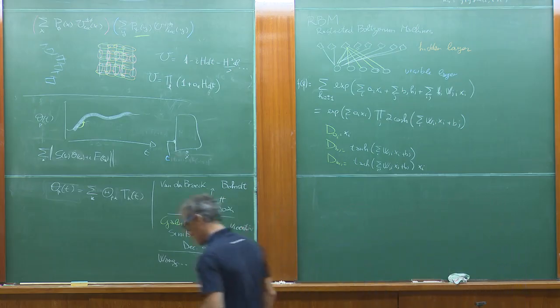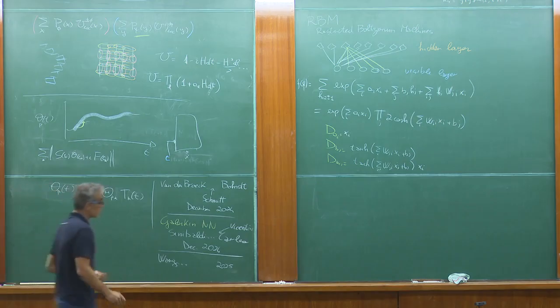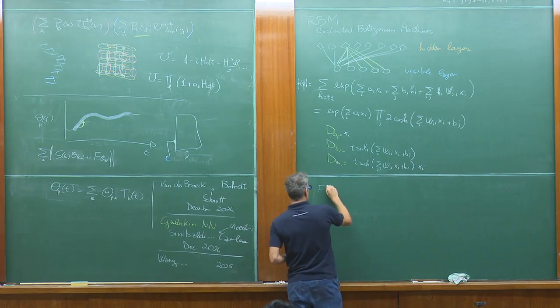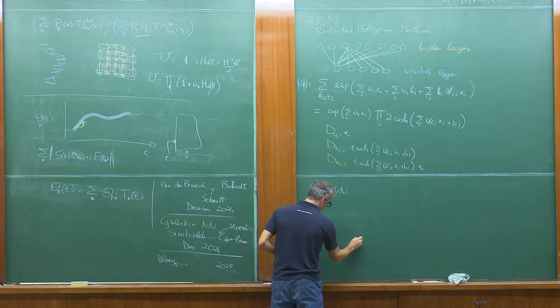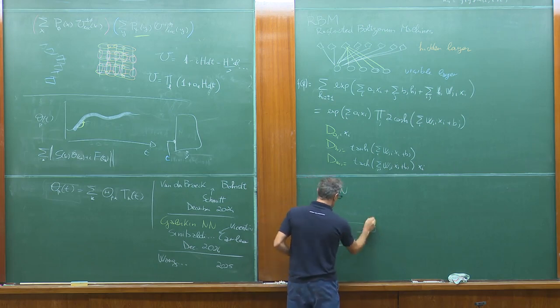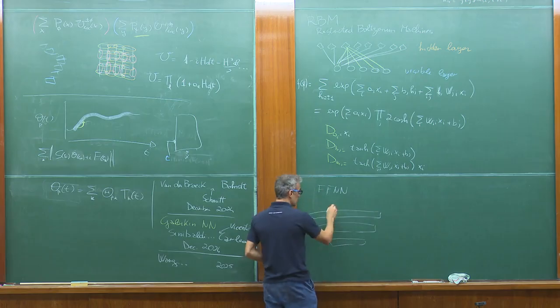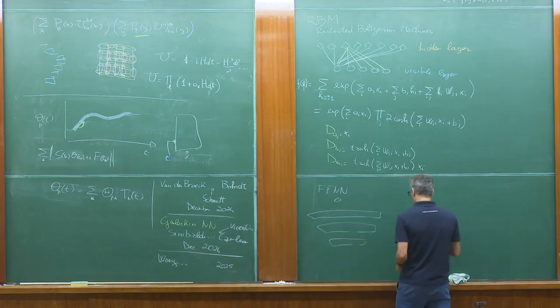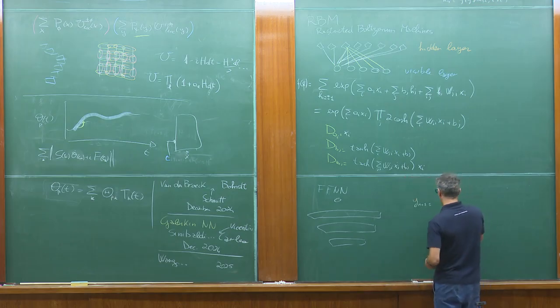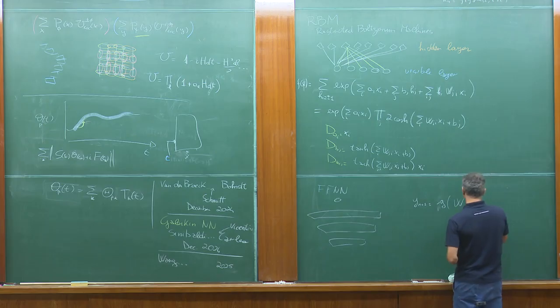Okay, now I'm trying to describe to you, maybe I give you another example. Let's say I look at a feed-forward neural network, FFNN. You have a visible layer here, then maybe different hidden layers, and then an output. Now what do you do? Each layer equals some function, let's call it G, of some weights that act on the previous layer, plus some bias.